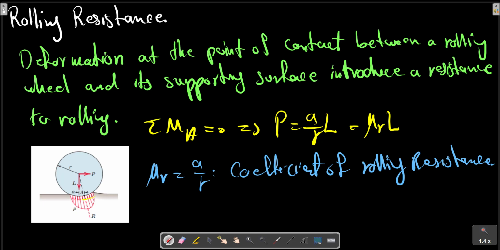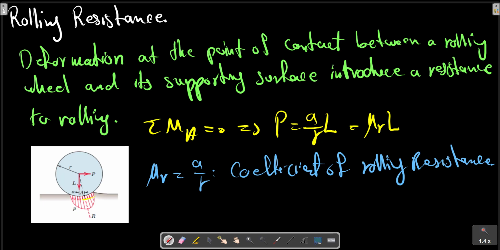This coefficient is the ratio of resisting force to the normal force and thus is analogous to the coefficient of static or kinetic friction. On the other hand, there is no slippage or impending slippage in the interpretation of μr.